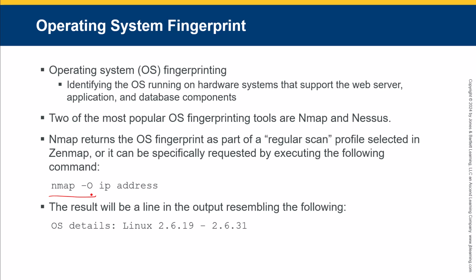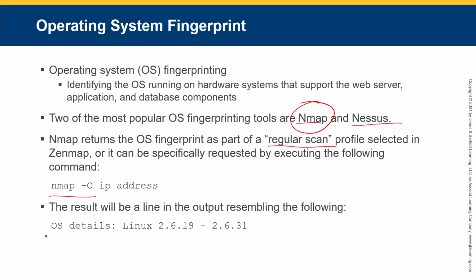So you identify the OS running on the hardware so that you can then understand the applications running on top of it. The big two tools are Nmap and Nessus. In reality, Nessus is pretty expensive, so Nmap is the typical go-to tool for OS fingerprinting, and it's part of the regular scan profile within Nmap.